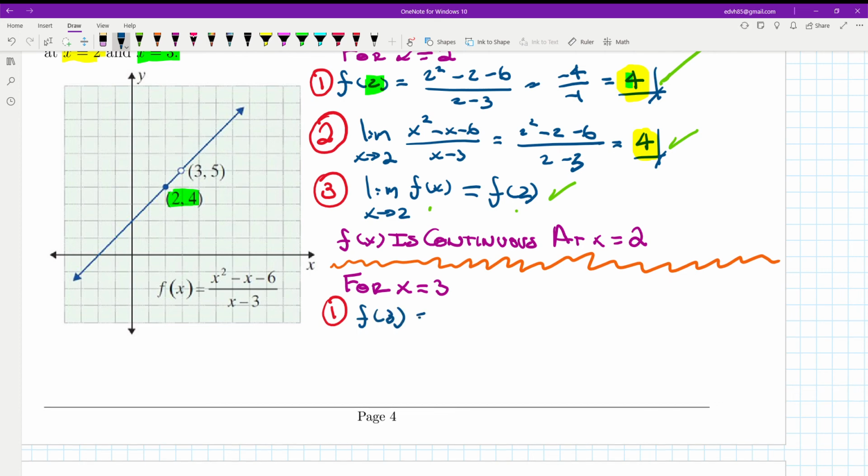That is 3 squared minus 3 minus 6, divided by 3 minus 3. Well, in the denominator, right away we get a 0. And in the numerator we get 3 squared, which is 9, not 6, my bad. 9 minus 3, which is 6, minus 6, it's also 0. So in this case, this means undefined.